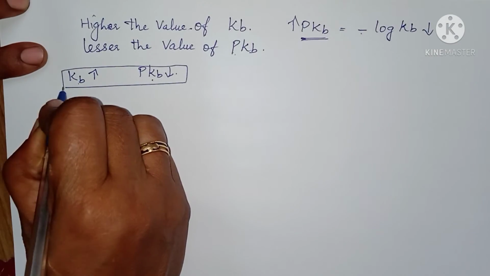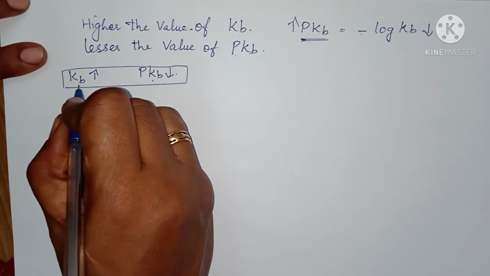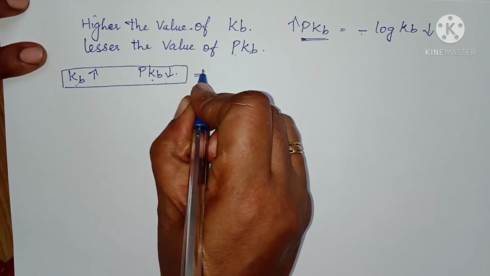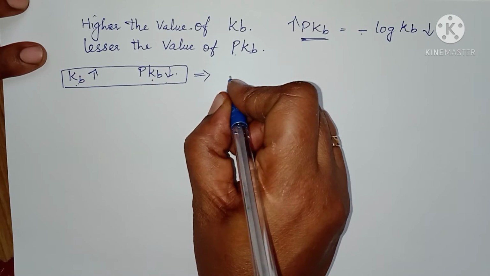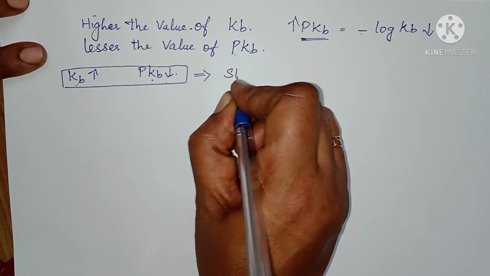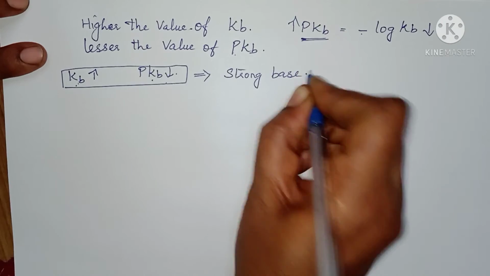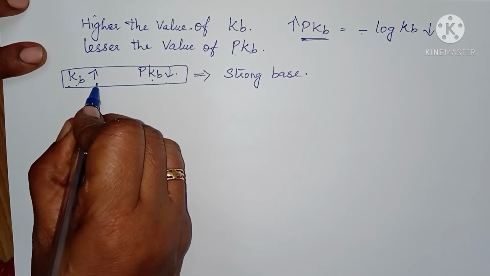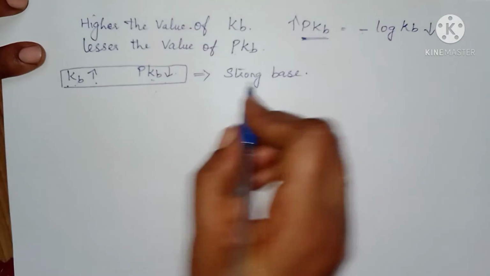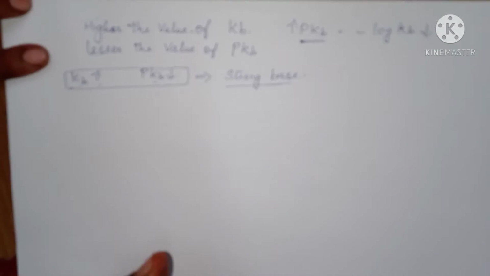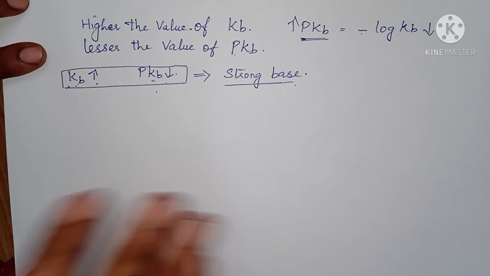Suppose an MCQ question comes: Kb increases, pKb decreases. What type of base is it? A strong base. Remember this: Kb increasing and pKb decreasing means a strong base. These are tips I am giving.